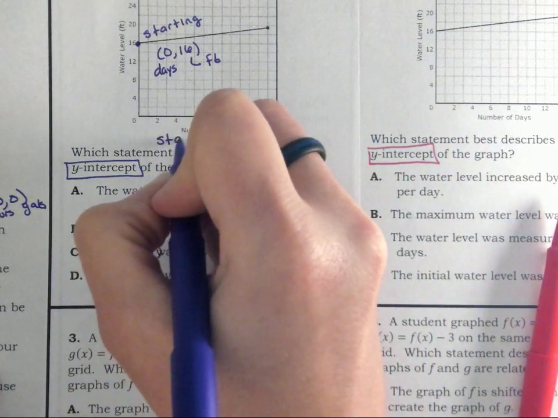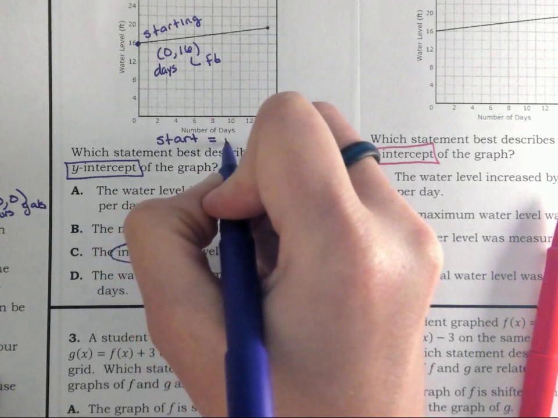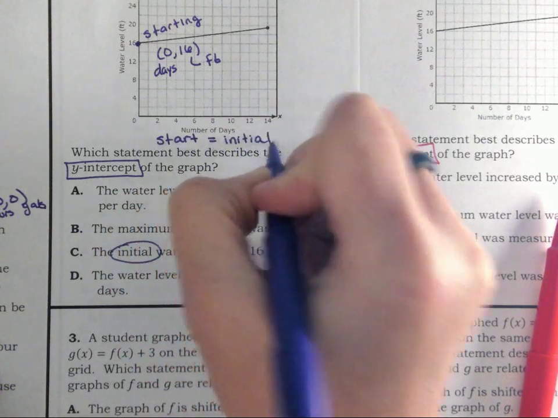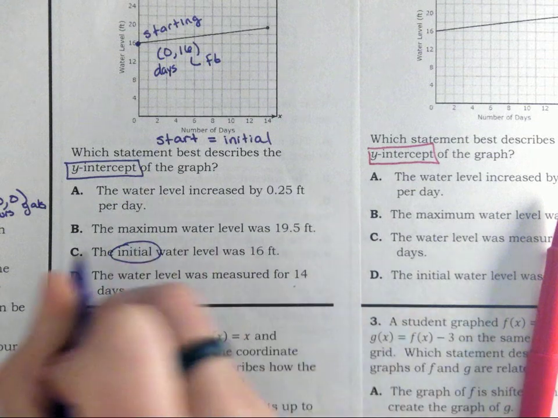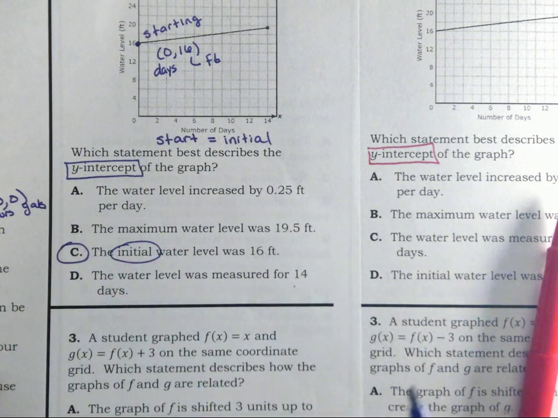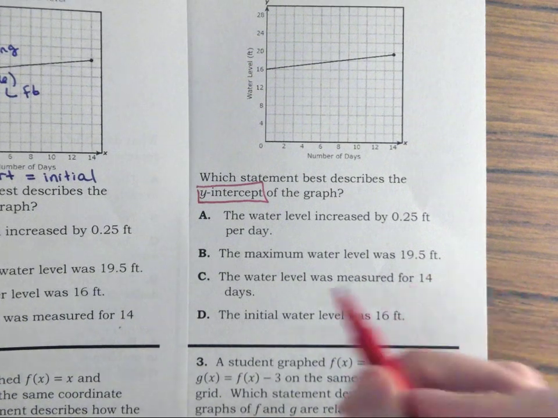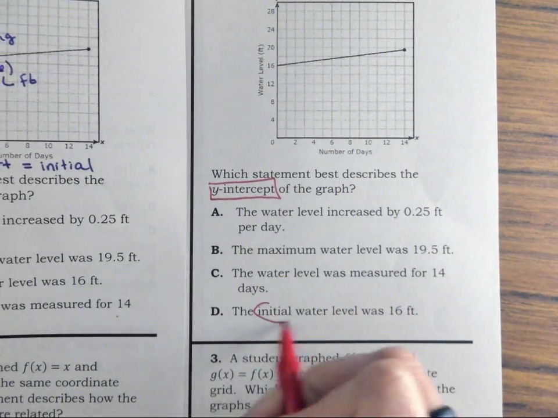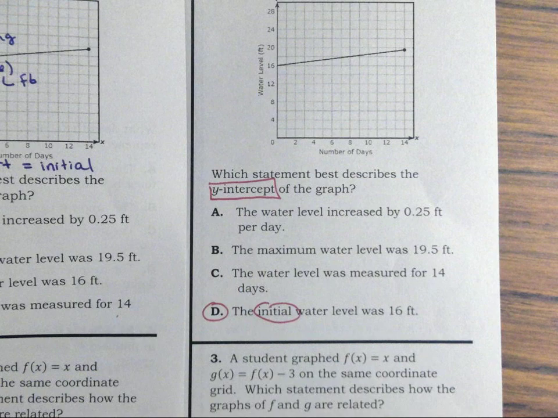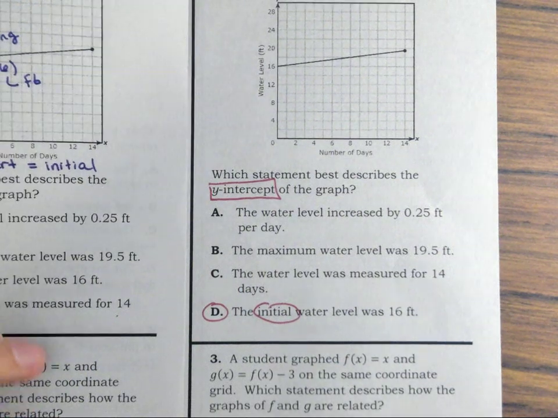So start is the same thing as initial. The initial water level was 16 feet. Okay. On version B is the same question, it's the same answer, it's just in a different spot. Initial water level was 16 feet.